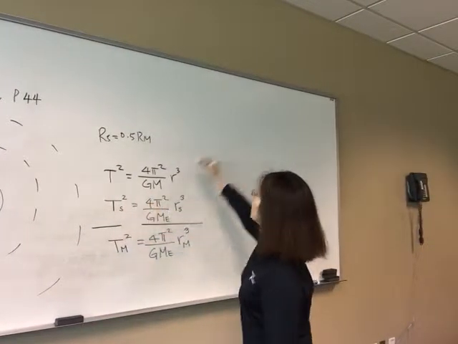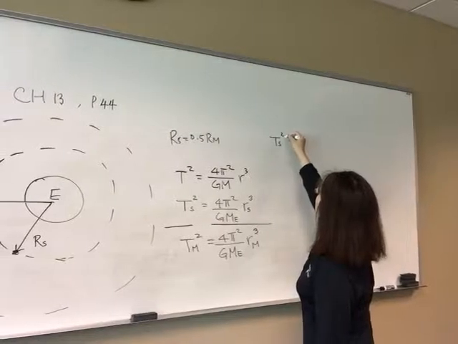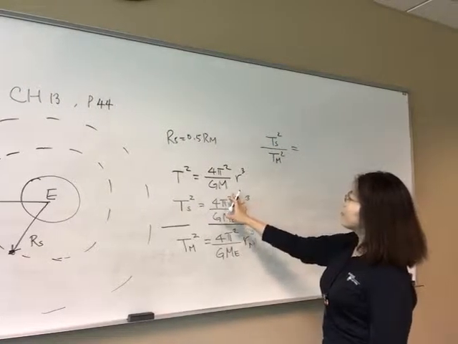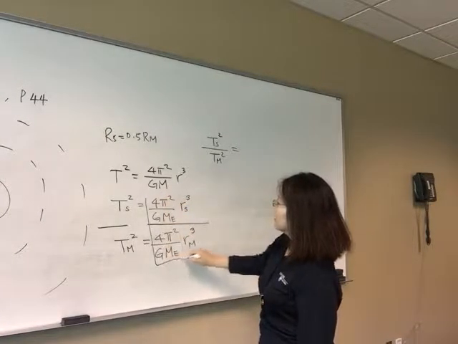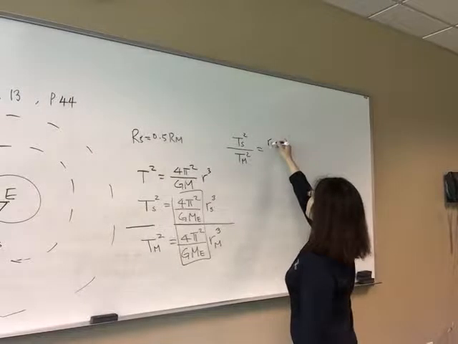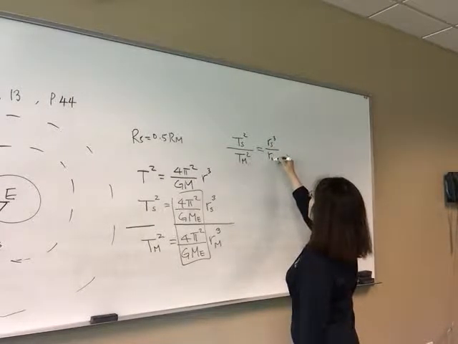We take the ratio: Ts squared over Tm squared. The 4 pi squared over G and the mass of the Earth cancel because they are the same, leaving Rs cubed over Rm cubed.